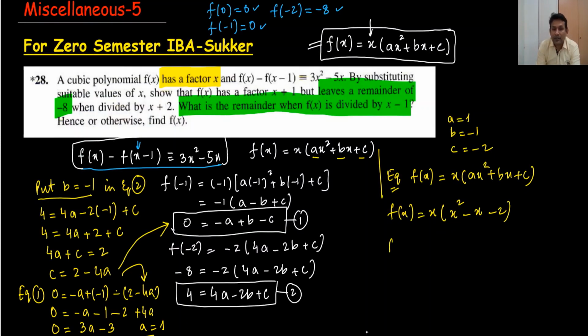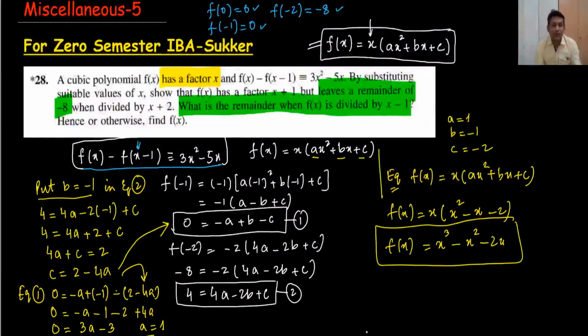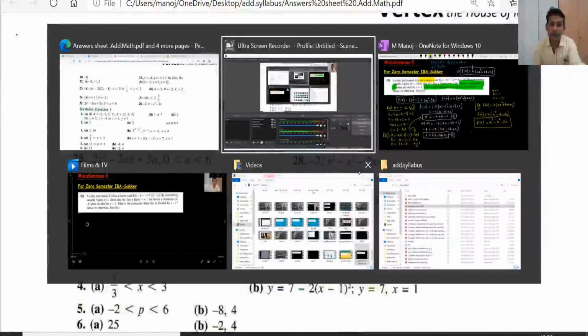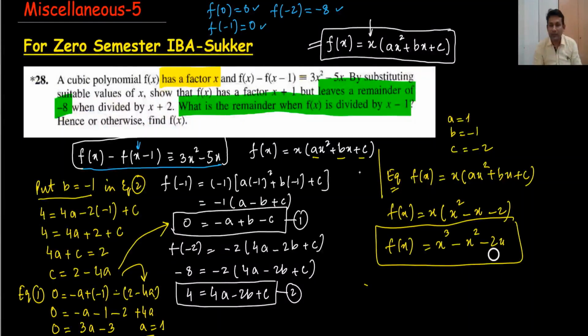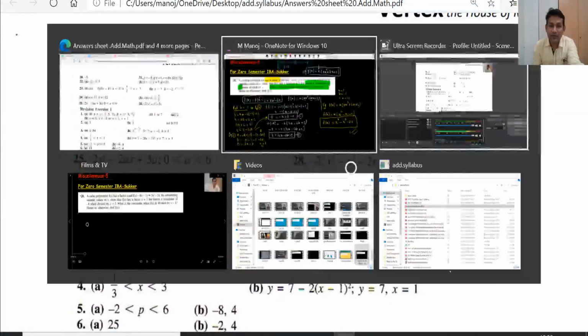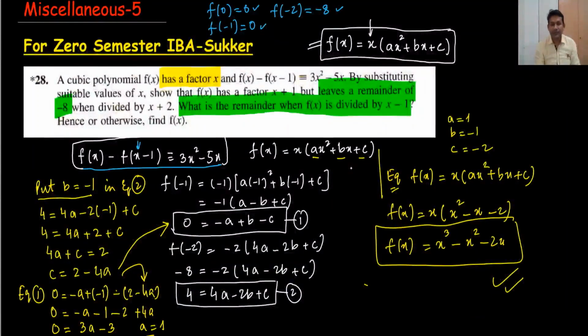When you multiply this, you will get the cubic equation, x cubed minus x squared minus 2x, and we have done our answer. When we check the answer, the remainder was minus 2, and it matches: x cubed minus x squared minus 2x. We have done it perfectly.